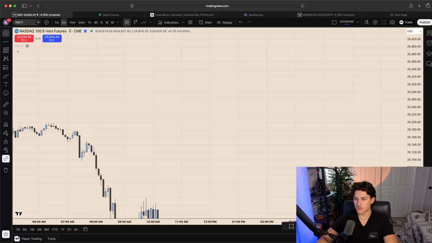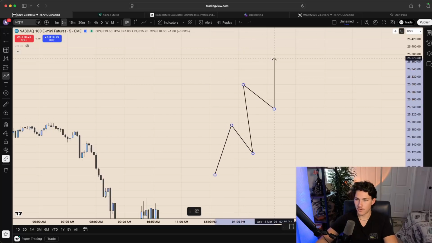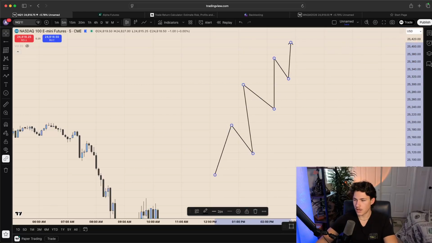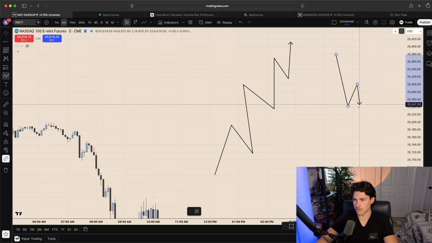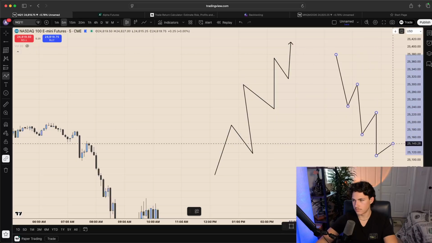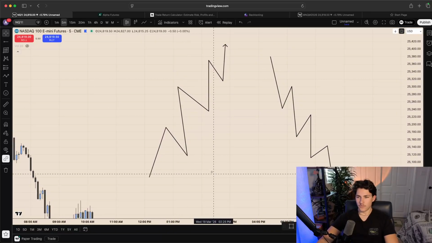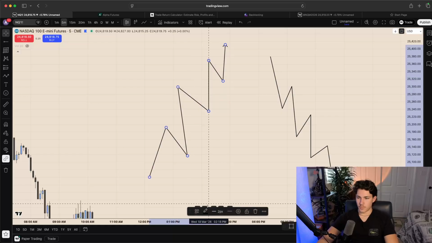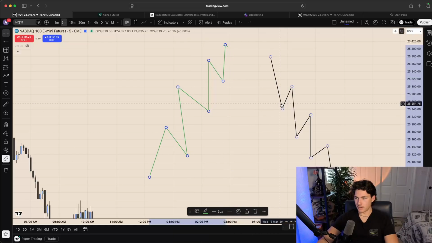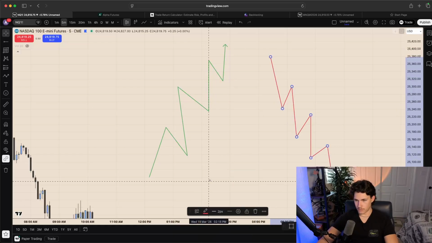Next, we're going to talk about trends, because now that we know what a candlestick is, how do you put them together? How do you actually read this? What we have are uptrends and downtrends, and these consist of highs and lows. Here we have an uptrend and a downtrend, green and red.